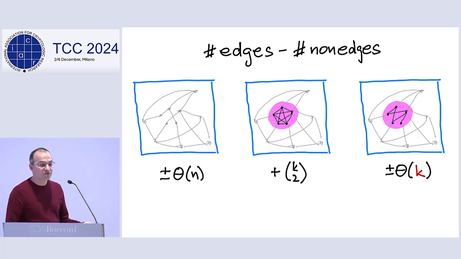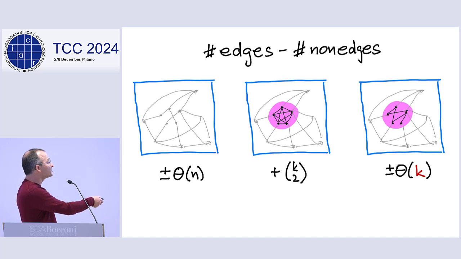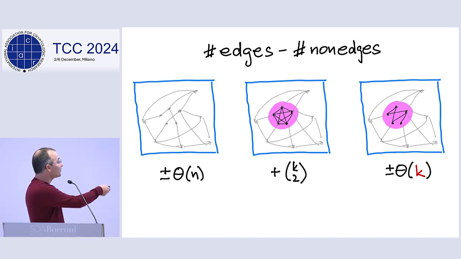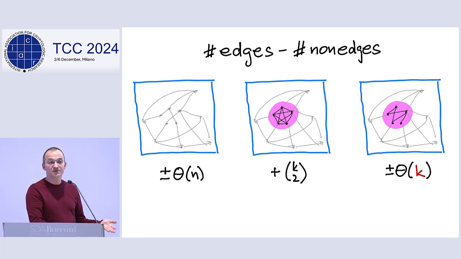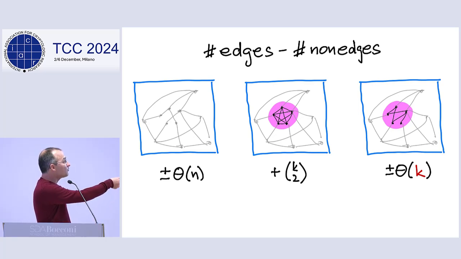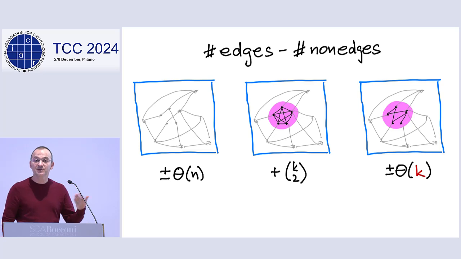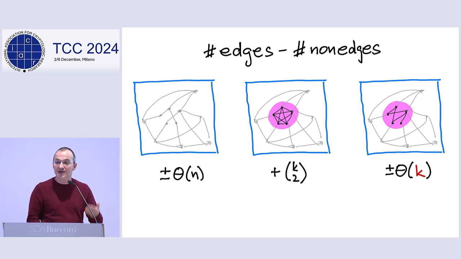What is the discrepancy going to be? Well, we did the calculation yesterday, if you were at my talk. Here we have about theta of n discrepancy for a graph of n vertices. This is the standard deviation in the number of edges. And here we add another something like k squared edges. So as long as k squared is bigger than n, it allows us to distinguish between the two. So the best security we can hope to get is for k being as large as square root of n.